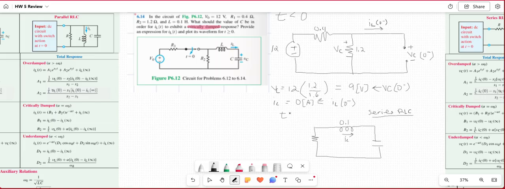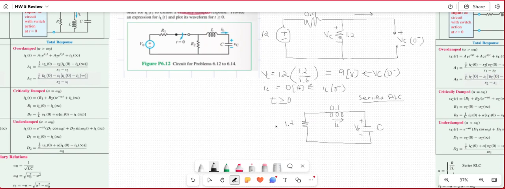This is for t greater than or equal to 0. The resistor R2 is 1.2 ohms, and the capacitor value we don't know yet. It's asking us to solve for that. We still have this.